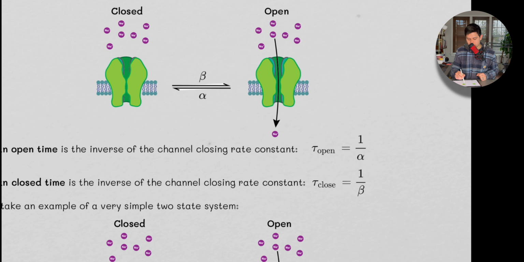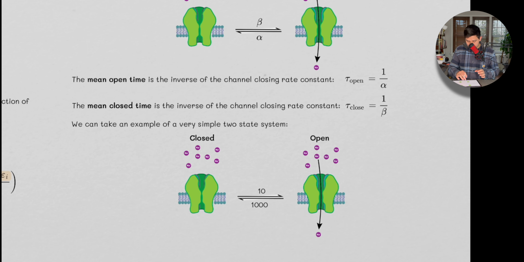So the rate to go from here to here is really fast, therefore the time to get from here to here is really short. Same thing here: the time it takes to go from closed to open is going to be inversely related to that rate, which is beta.